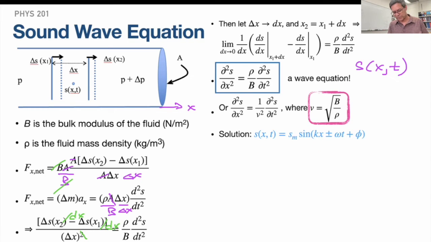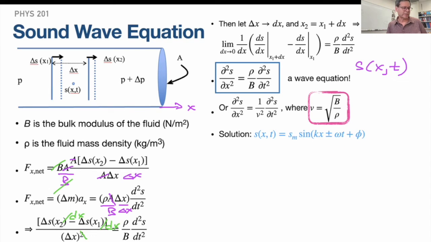So here I wrote, for example, that the displacement S, that's the location of the fluid element, in x and t, varies sinusoidally, has an angular wave number k, and an angular frequency omega. It can be moving to the right or left, so I write kx plus or minus omega t, and there could be a phase constant.